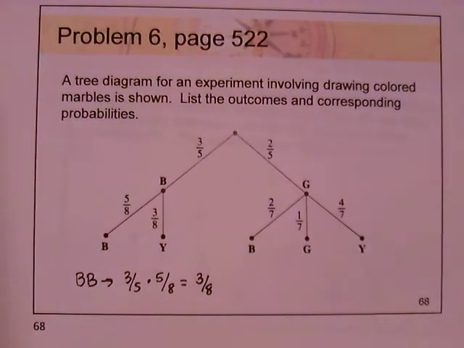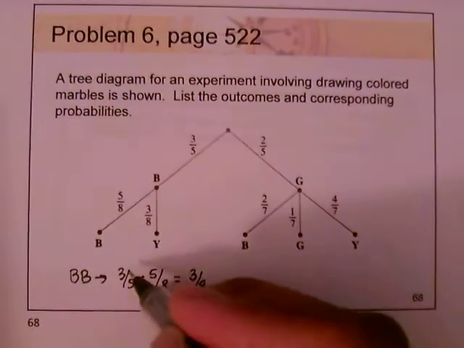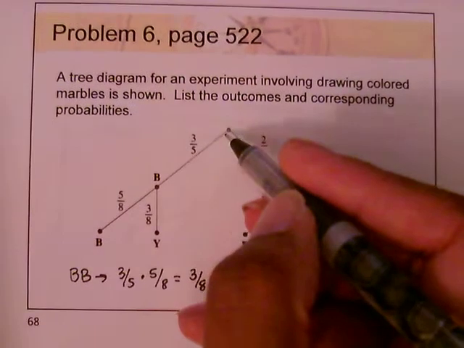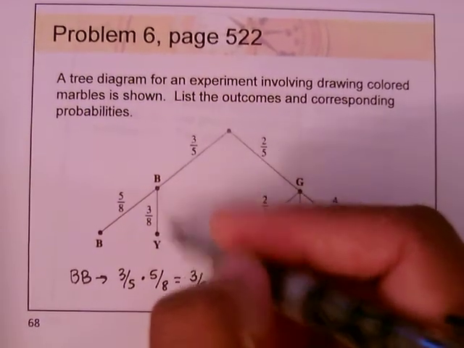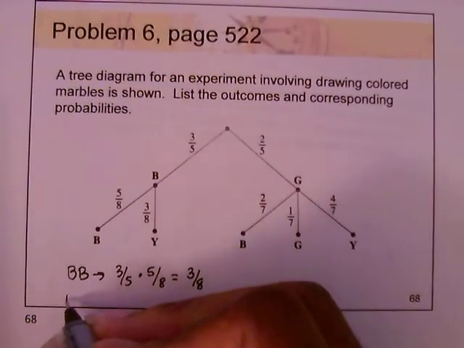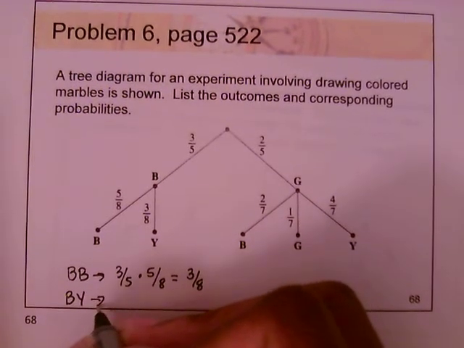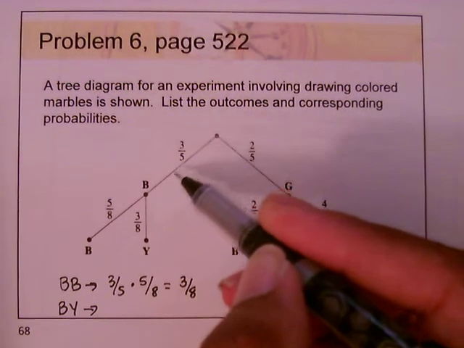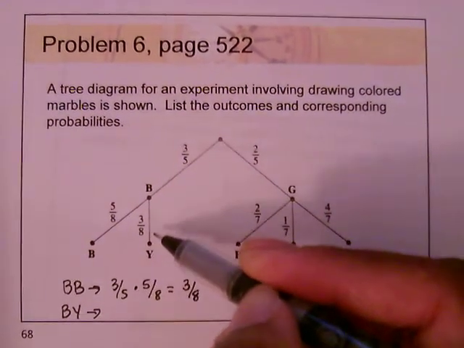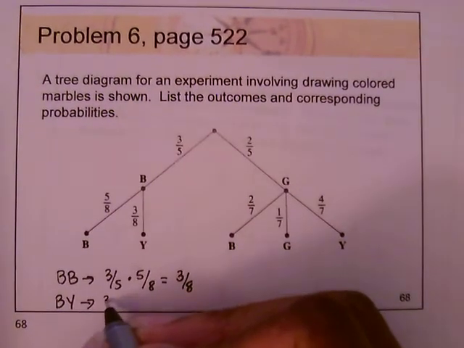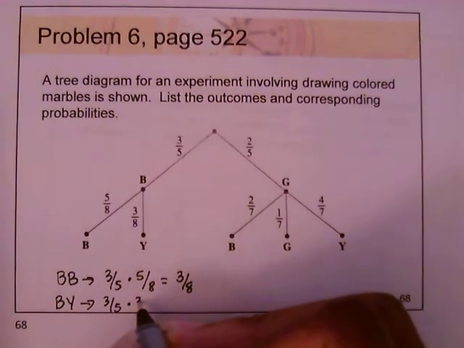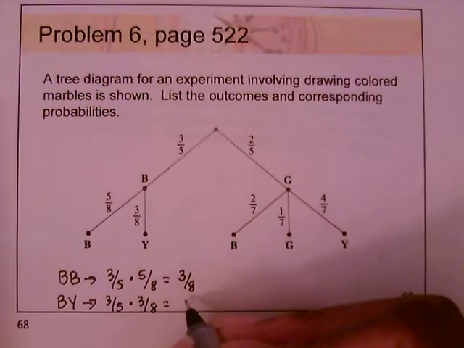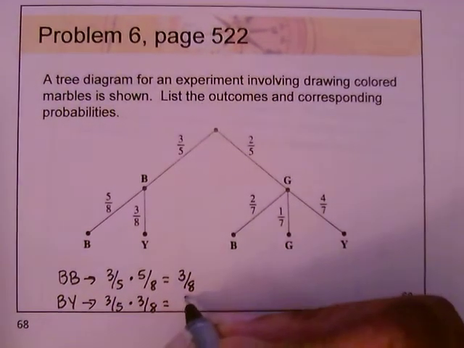Here, just know those 5's divide out, you'll be left with 3 over 8. And then the next one, from here going from blue to yellow, B to Y. Now that probability there will be, if you start here, that's 3/5. From here, it's 3/8. 3/5 times 3/8. Multiply numerator times numerator and denominator times denominator, that will be 9 over 40.